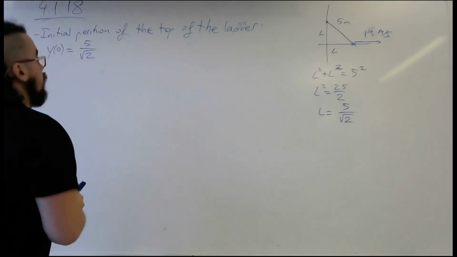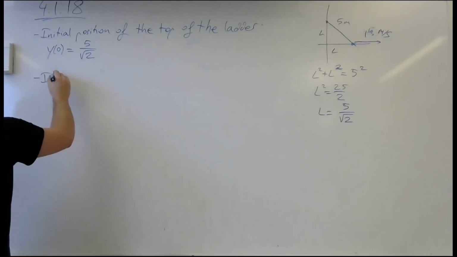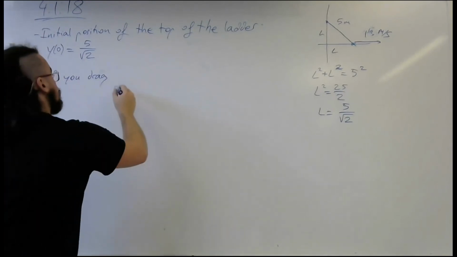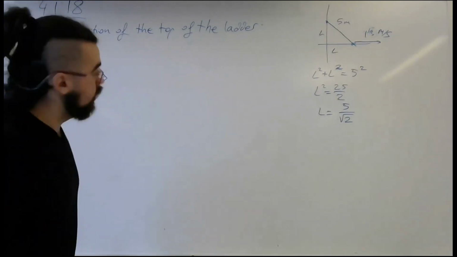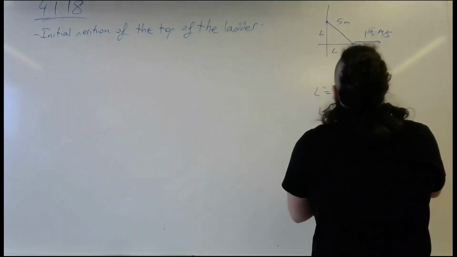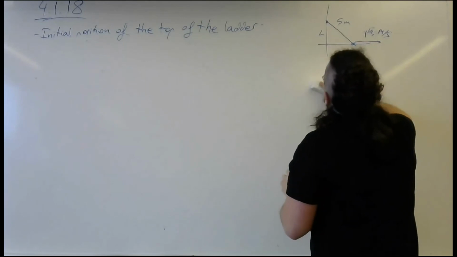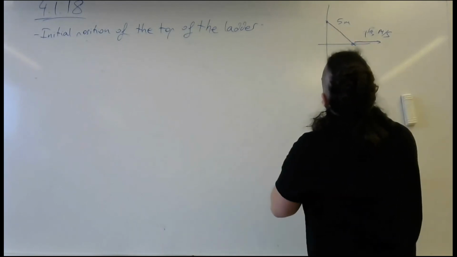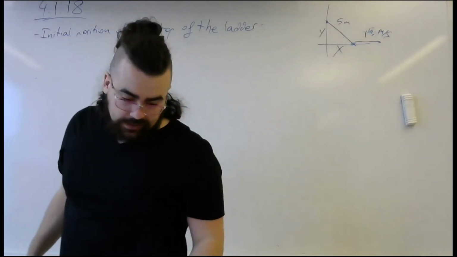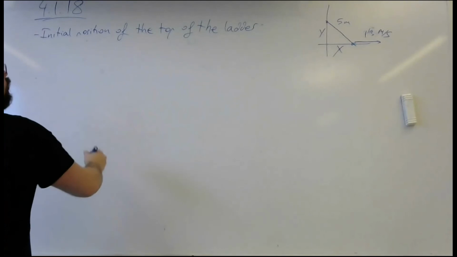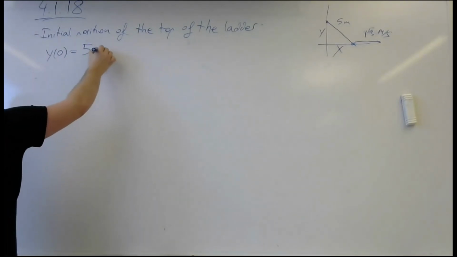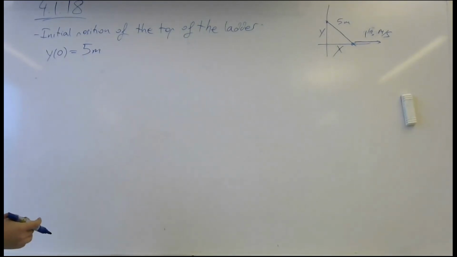So if you drag the stair, oh, hell, no, this is not true. I lied to you miserably. This is Y, this is X. Initial position is actually 5. This is what happens when you don't read the exercises properly. 5 meters.